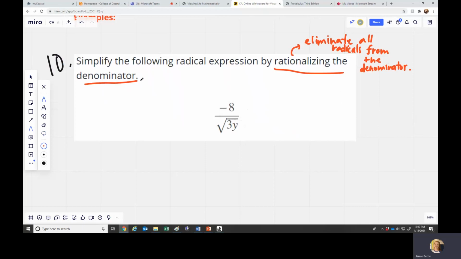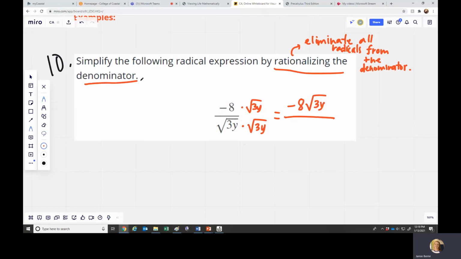And what's kind of cool about these is that you can just multiply them by themselves, and that will get rid of it. Really cool property of radicals when you have just one term down here. All right, so this -8 is just going to hang out in front. We'll have -8 on the square root of 3y divided by.